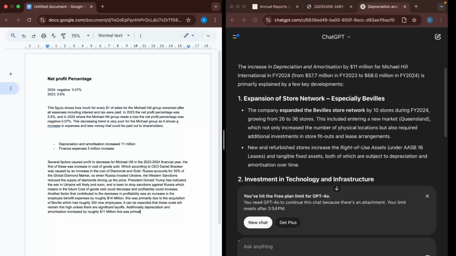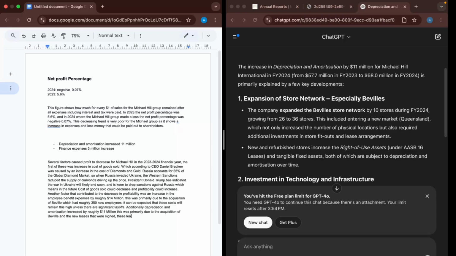This was primarily due to Bevel, like we just talked about before, guys, and the new leases that were signed.